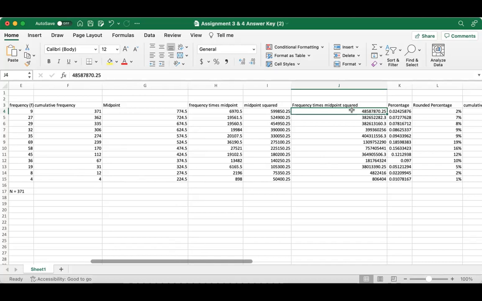Equals frequency E2 times midpoint squared, I2, right? E2 times frequency times midpoint squared. Yeah.